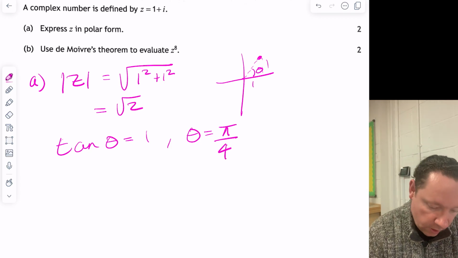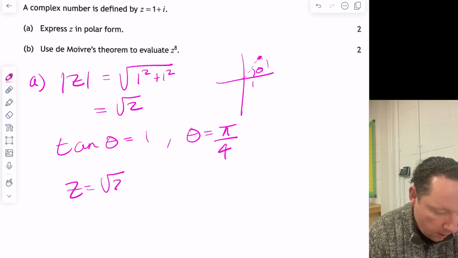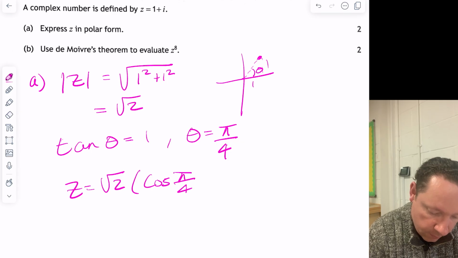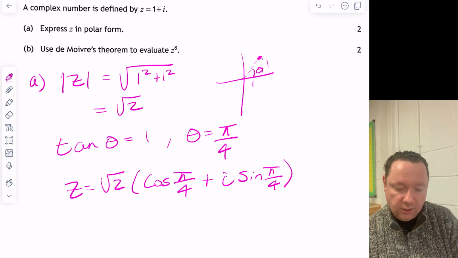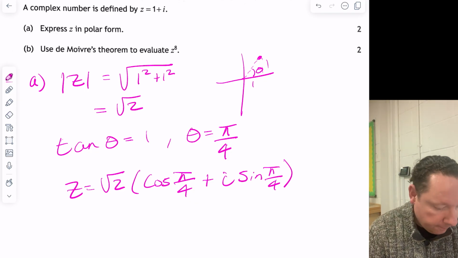So now we can just express it in the correct form. z equals root 2, and then you've got cos pi over 4 plus i sine pi over 4. And just check on the principal argument. You probably don't need to, but remember that's between minus pi and pi. So yeah, we are. So we're done there.